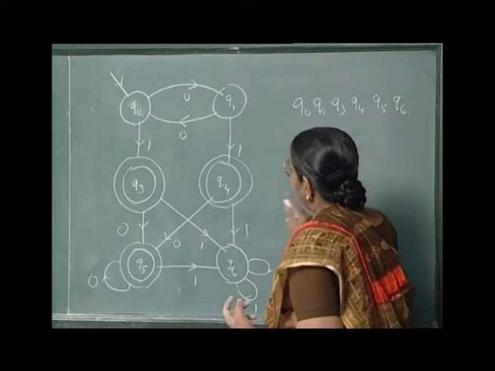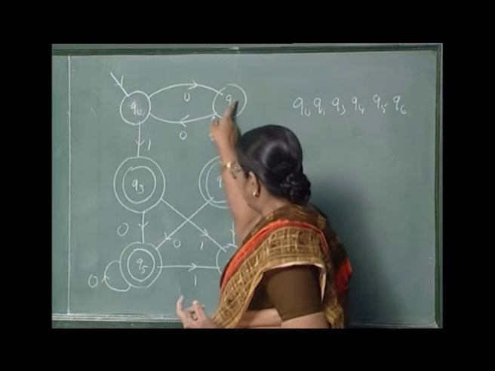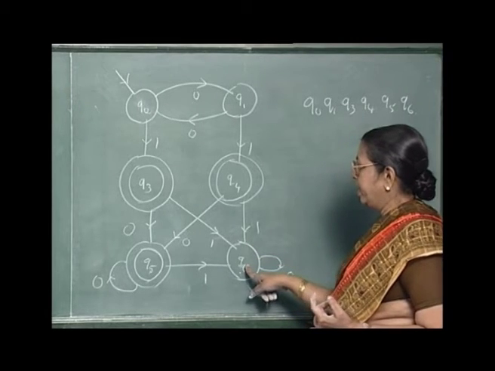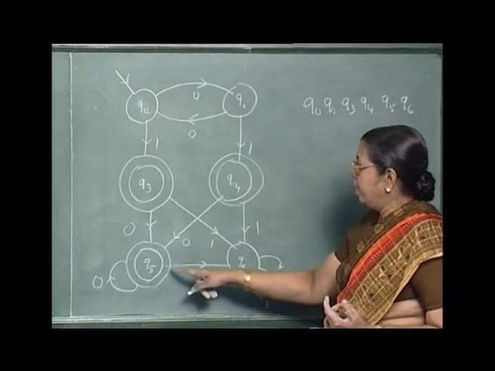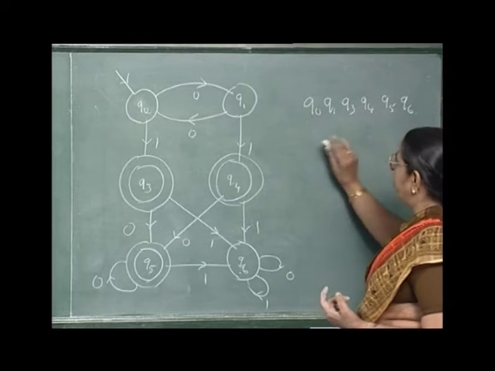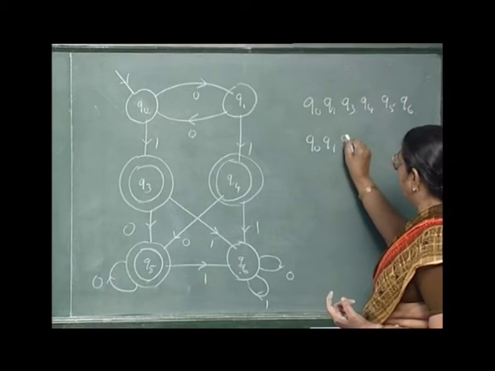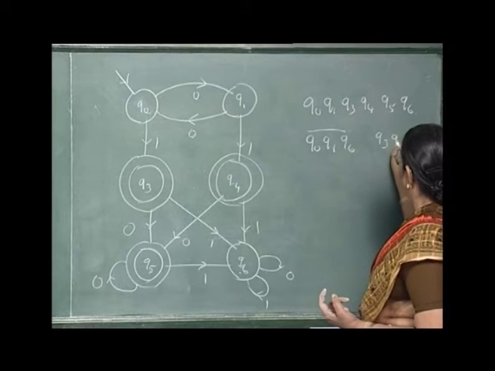Now, if you take epsilon as the distinguishing sequence, starting from here, if you take epsilon, you will go to a non-final state. Starting from here, if you take epsilon, you go to a final state. So, first partition into final and non-final states, Q0, Q1, Q6, this is one partition, and Q3, Q4, Q5.